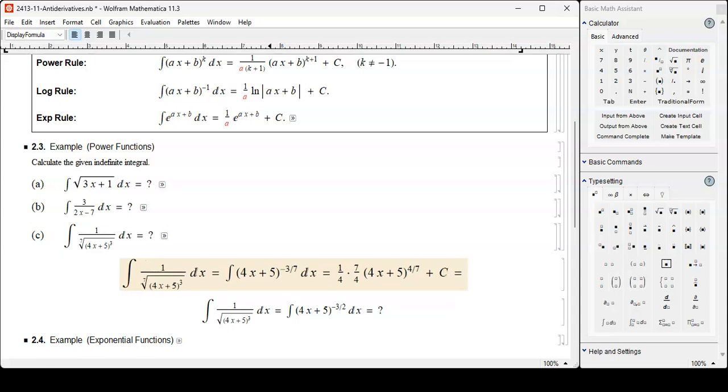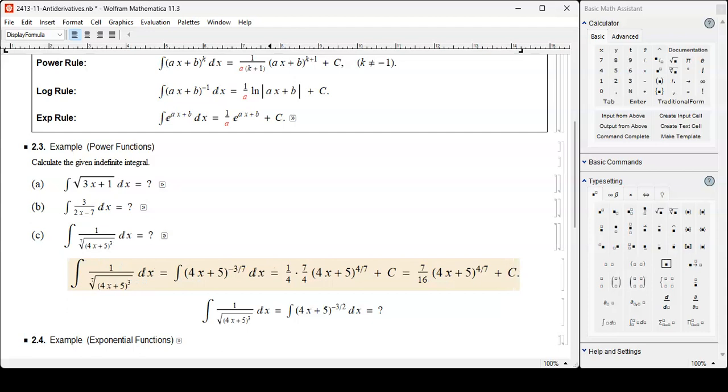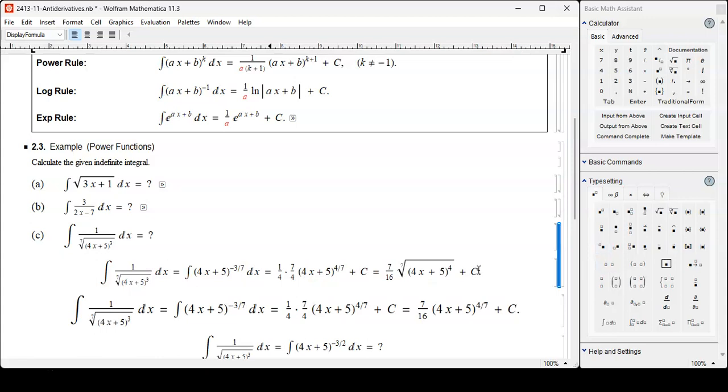So if we simplify, this is going to be 7/16, and then 4x plus 5 to the 4/7 power, like that.